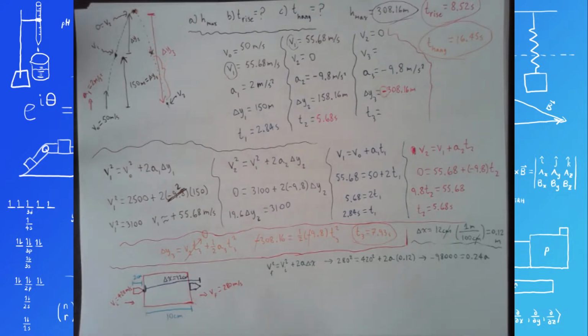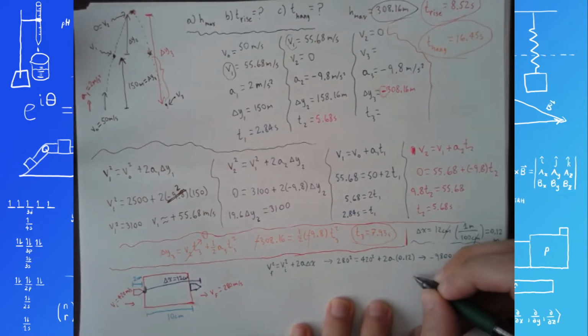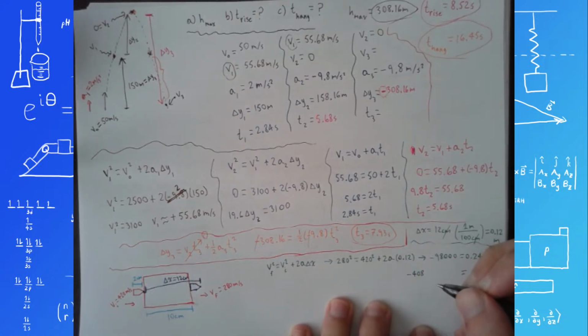I guess it might be better to express it in scientific notation, but our acceleration is equal to negative 408,333.33 meters per second squared.